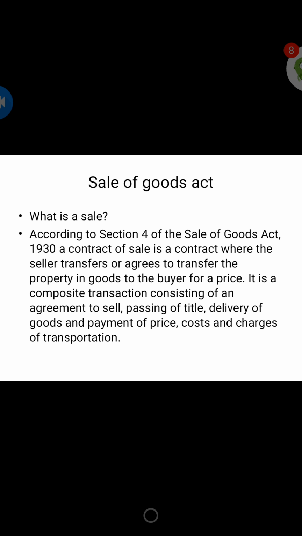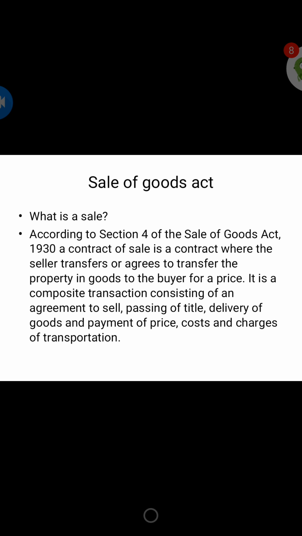So what is sale? In simple terms, it is a contract. Suppose it is a contract, there should be an agreement enforceable by law, right? So here the agreement is between the buyer and the seller, to transfer the property in goods to the buyer.